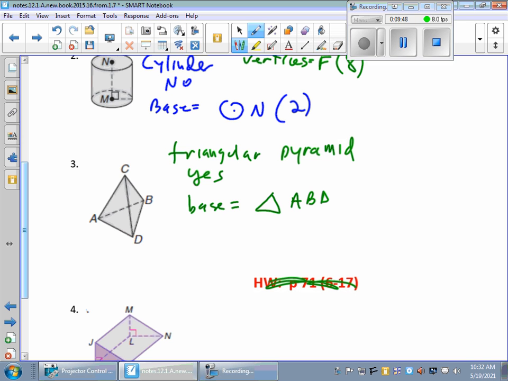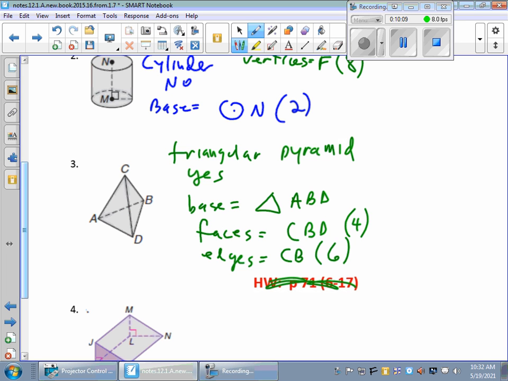Your faces here, we could go with CBD, and there's a total of 4. Faces, how many edges? Edges, so CB is an example of an edge, and there's a total of 6. And vertices, there's a total of 4. And C is an example of one of them.